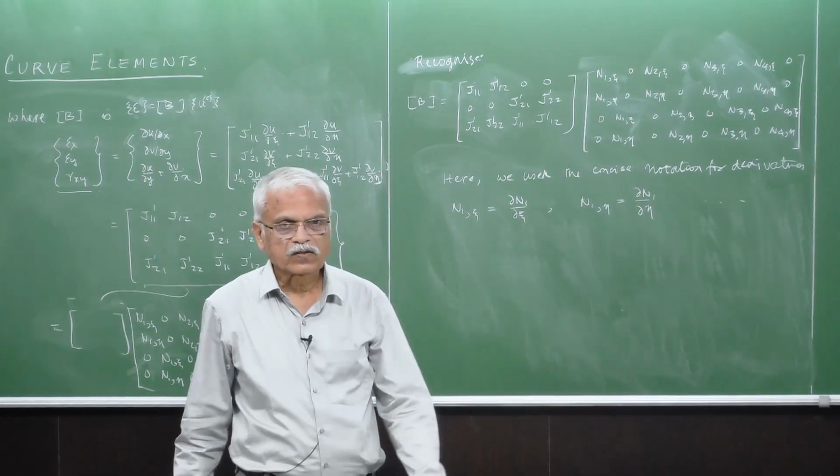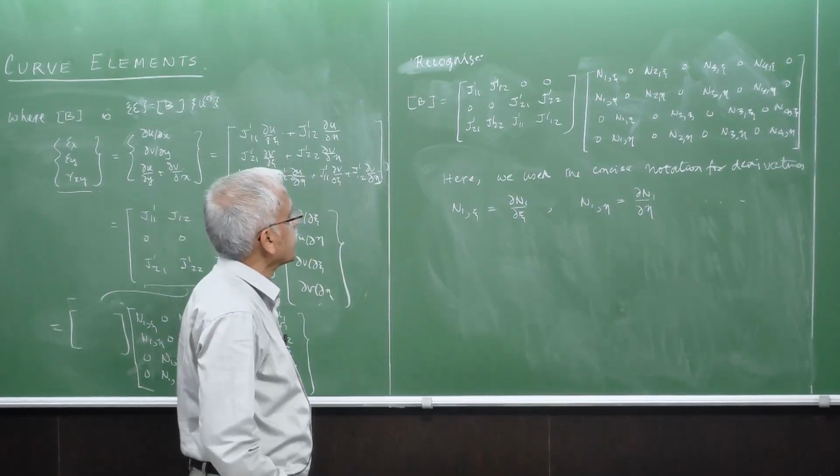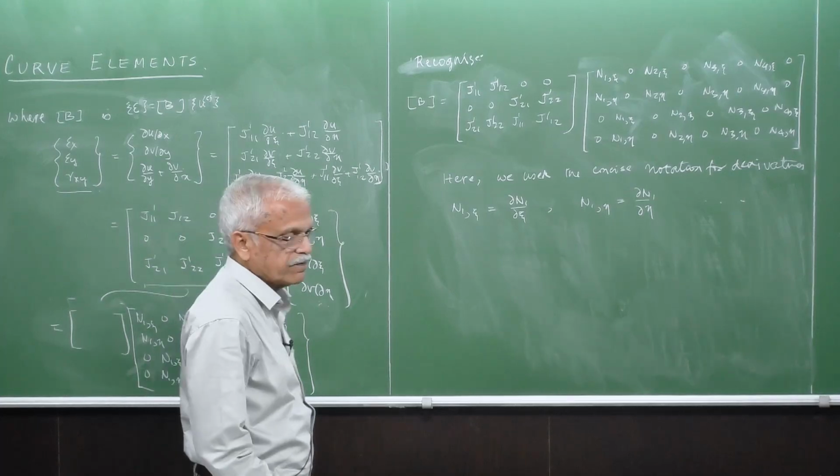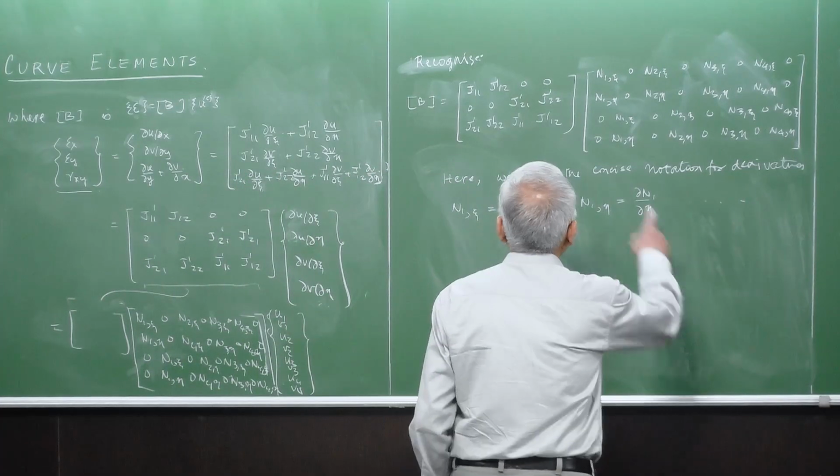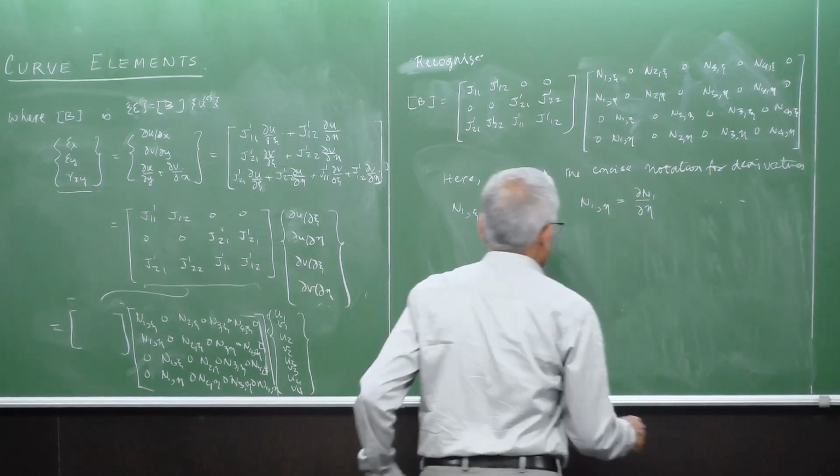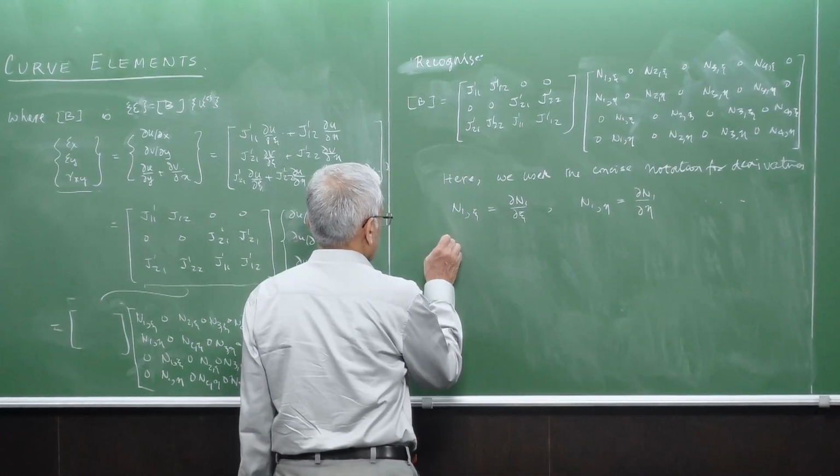Okay, so this is how we derived the B matrix here. This is the whole B matrix, and finally we substitute into the integral.